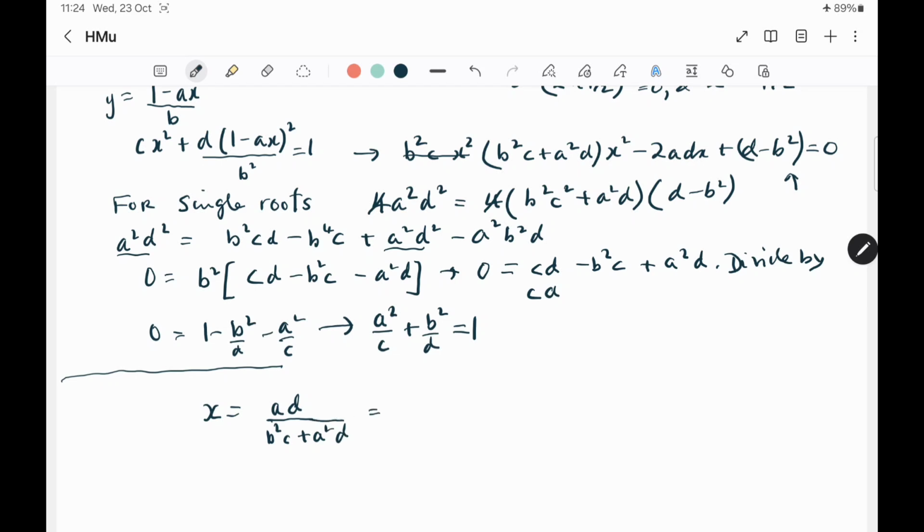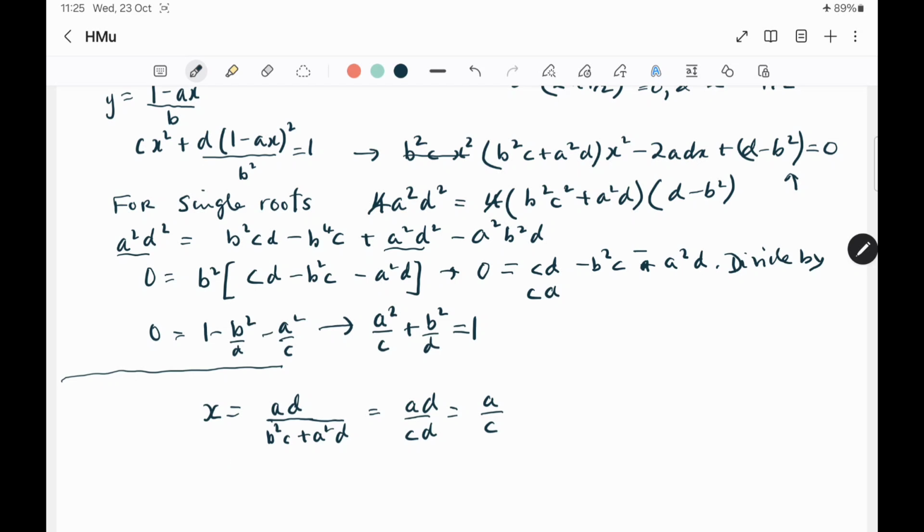And b squared c plus a squared d we can see from over here. I think that should be a negative, okay? b squared c plus a squared d will equal cd. So that's ad over cd, which is a over c, which answers that little part. Sorry for the mistake earlier on.